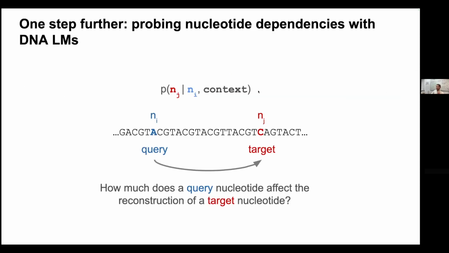So we go one step further and we check not only the reconstruction of each nucleotide, but how the reconstruction of a target nucleotide changes given substitutions on query nucleotides.